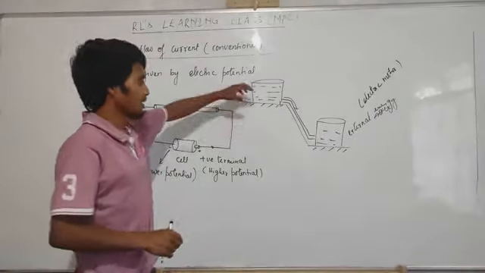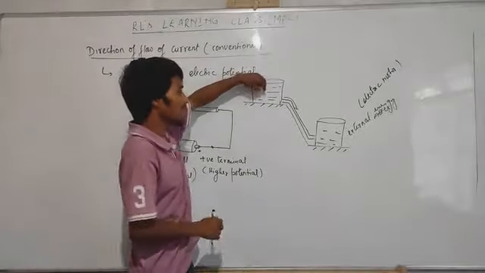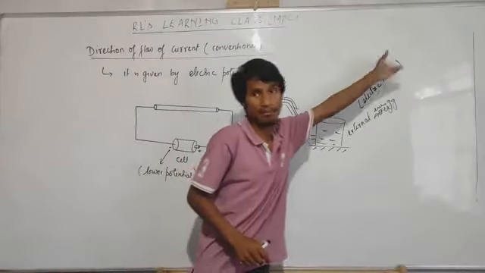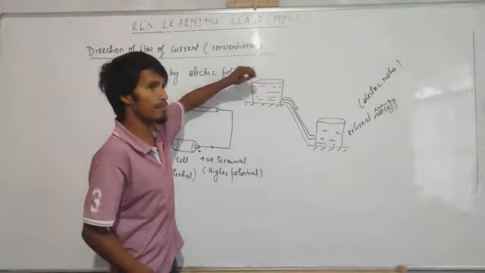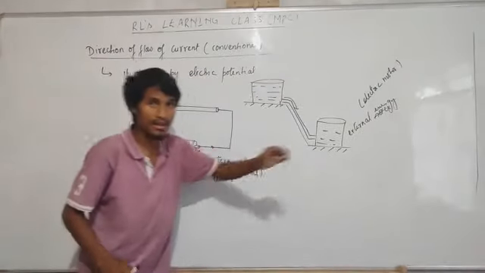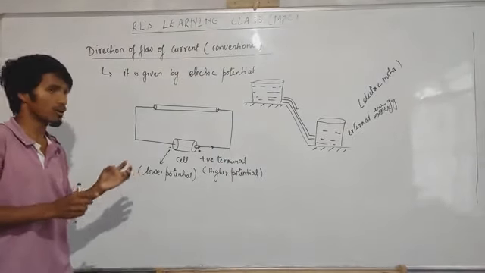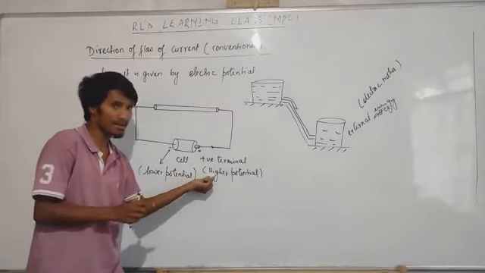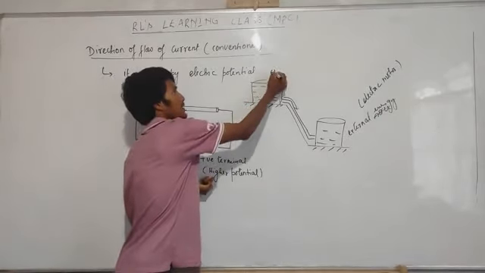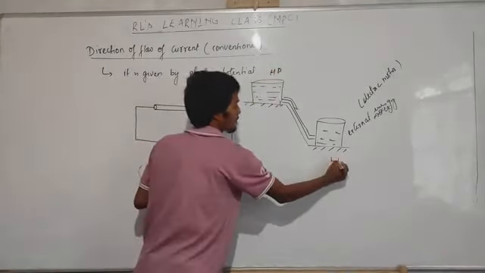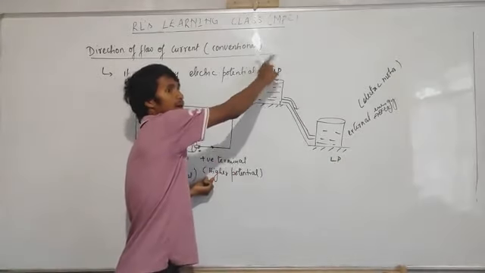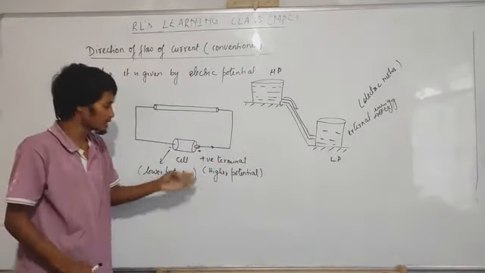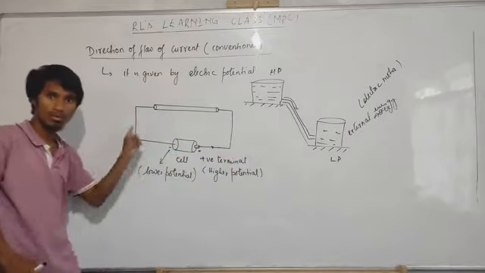But here, from the higher level to the lower level, there is no electric motor. Water will always flow from this side to this side. Similarly, current will always flow from higher to lower. Like here is higher potential, this is lower potential. Water will always flow from higher to lower, and the same for current: it is always from higher to lower.